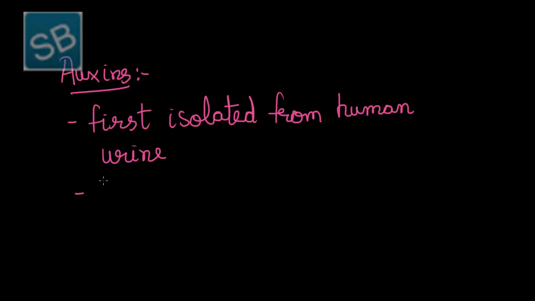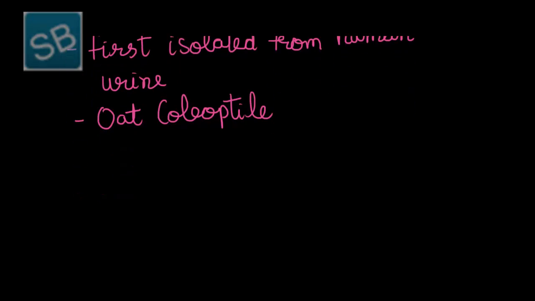Moreover, in plants, its effect was first shown in oat coleoptile. Thus, within plants, oat coleoptile was the first in which the effect of auxins was shown.